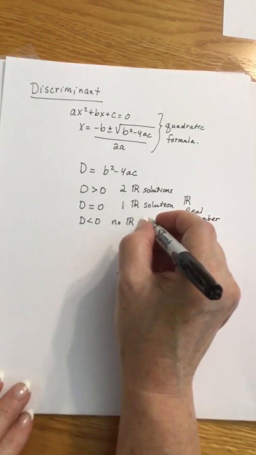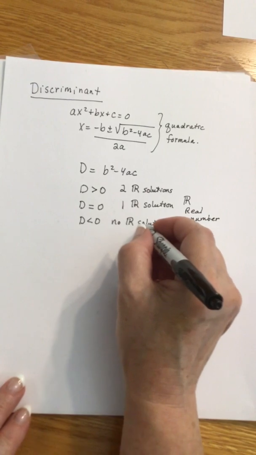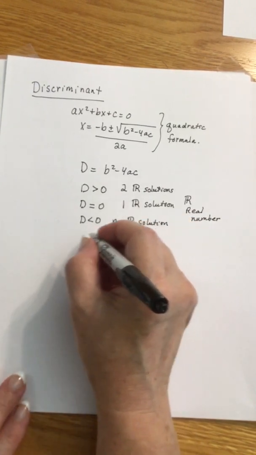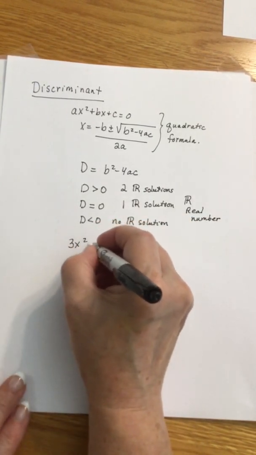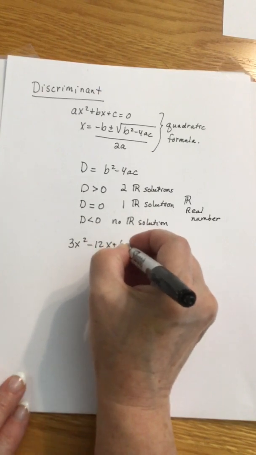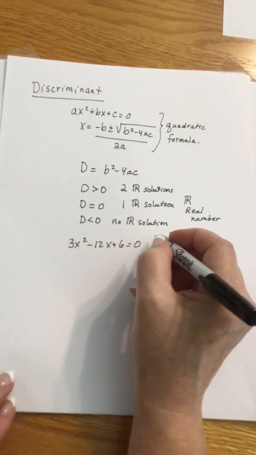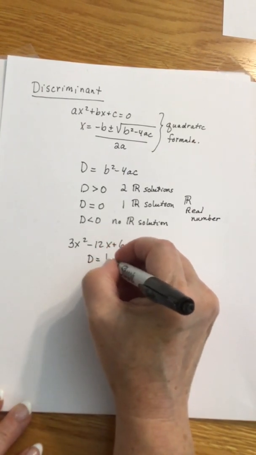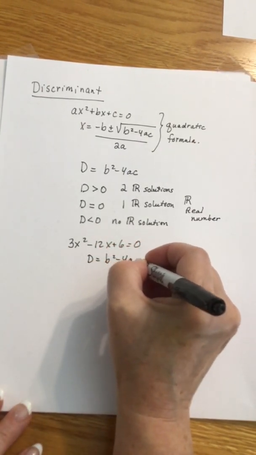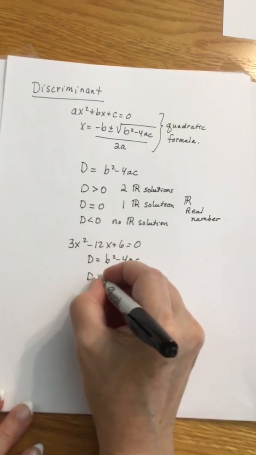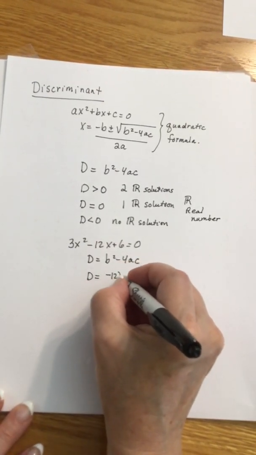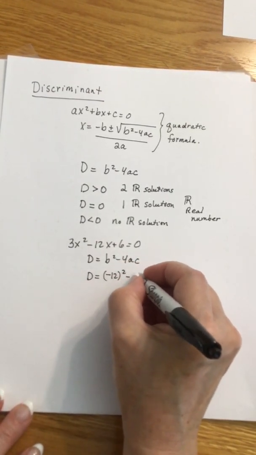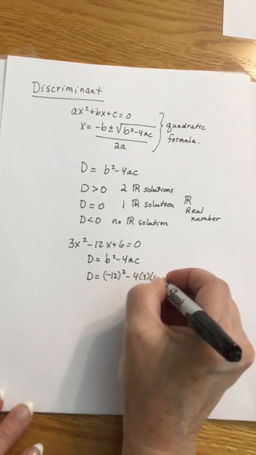So when we look at the discriminant for our previous problem, we have 3x squared minus 12x plus 6 equals 0. So I'm going to do just the discriminant part. The discriminant is going to be b squared minus 4ac. So the discriminant is going to be negative 12 squared minus 4 times 3 times 6.